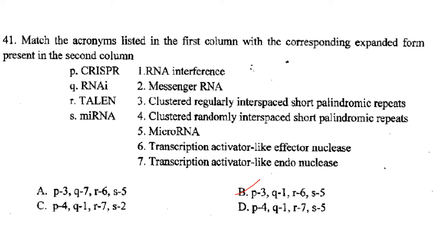Then RNAi, it is RNA interference, Q1. So the option naturally goes to B. Then TALEN, it is transcription activator-like effector nuclease, and miRNA is microRNA, S5. So option B is the correct answer, P3, Q1, R6, S5.